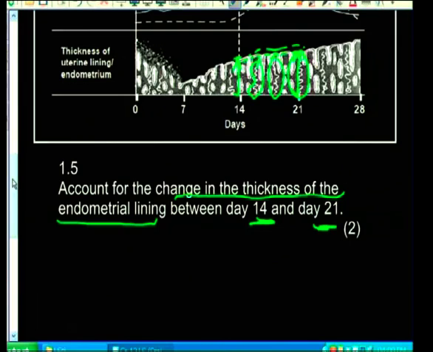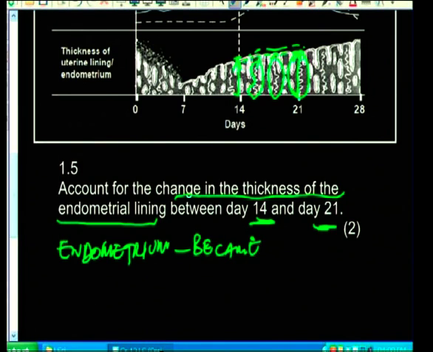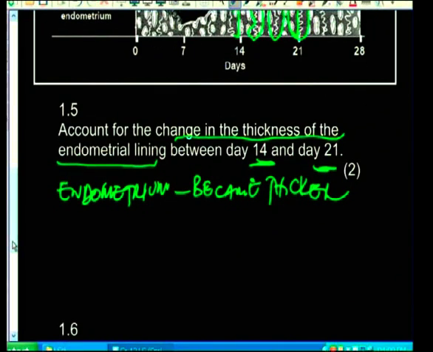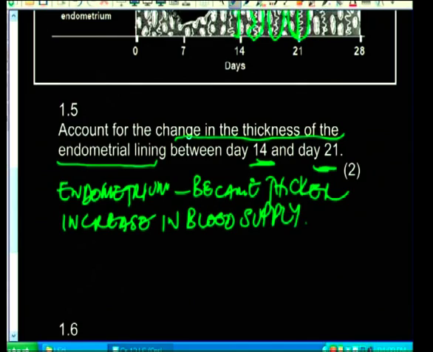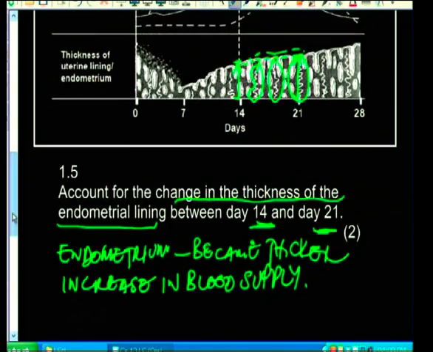First of all, we must say that the endometrium became thicker. Also, we can say that there was an increase in blood supply as well in this time. Now, how do we account for that?